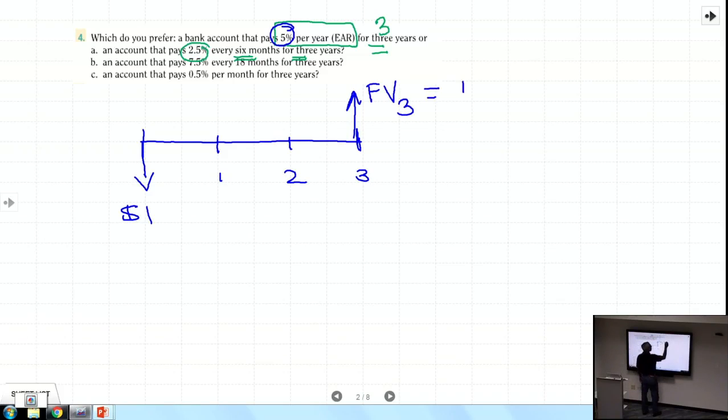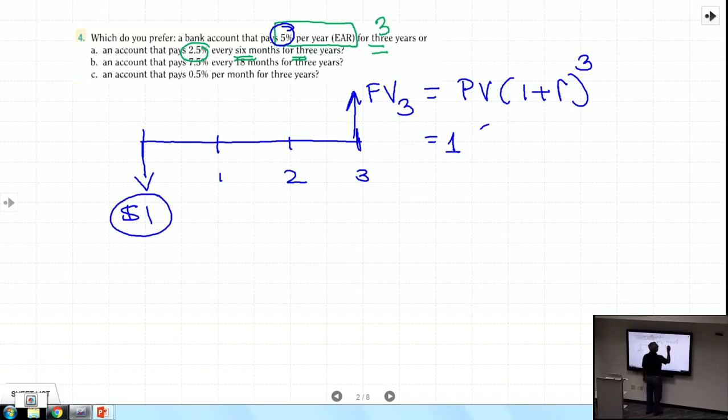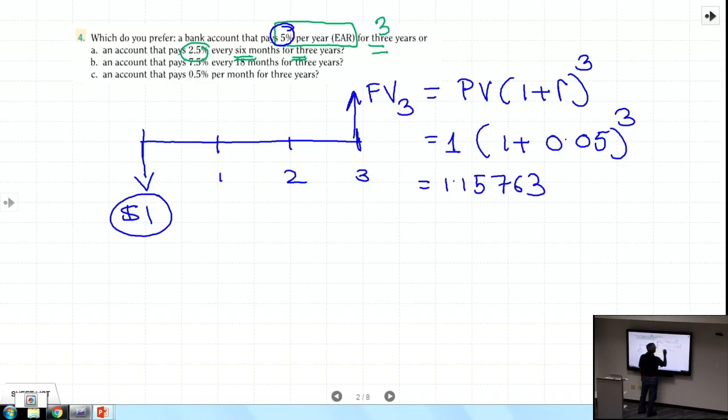Future value in 3 years would be present value times 1 plus r to the power 3. Present value is 1, the $1 deposit that you made, times 1 plus 0.05 over 3 years. If you do the math, after 3 years this $1 would grow to 1.15763.